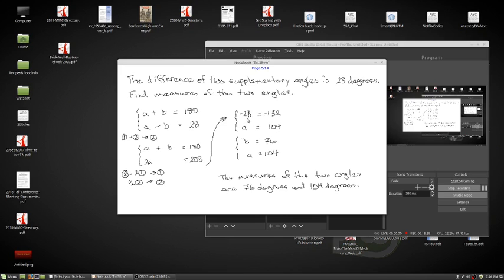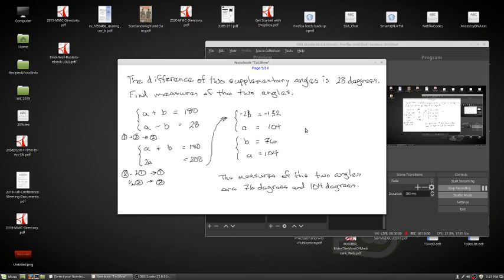So negative 2 times B is equal to negative 152, and we know that A is equal to 104. If we divide this top equation, both sides, by negative 2, we get just B on the left. Negative 2 goes into negative 152 76 times. And you'll notice that 76 and 104 does add up to the 180.